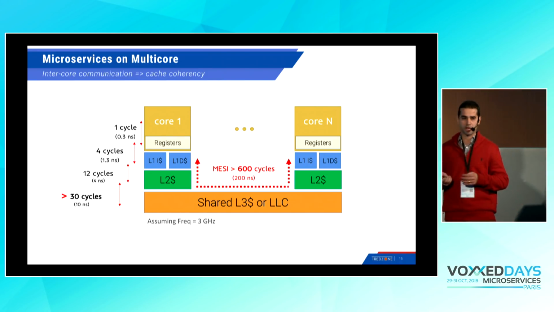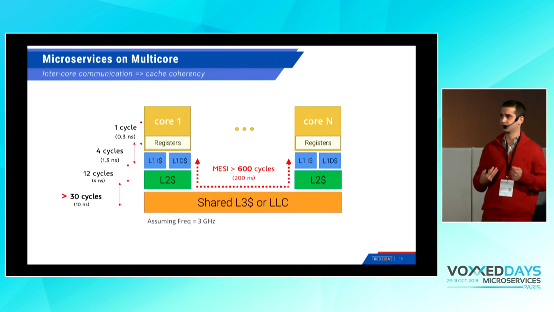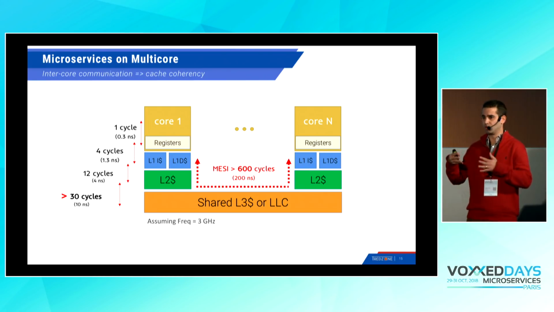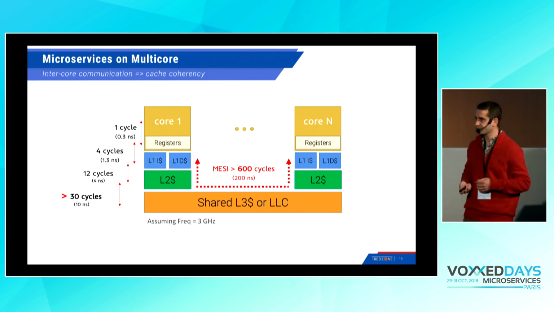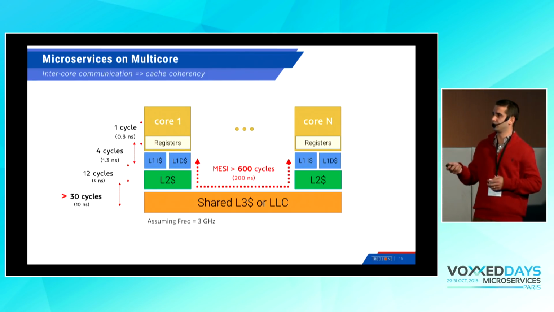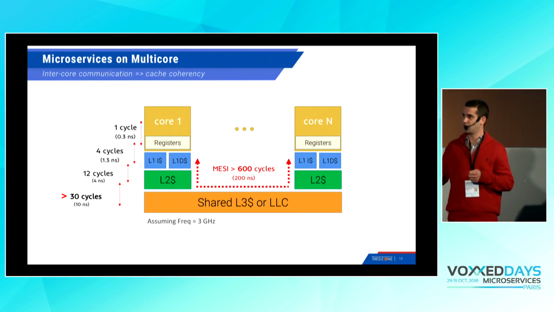The private cache gives us the most deterministic performance because we don't have contention on this memory. If a core wants to access data, it will access it in its registers in the same CPU cycle. Let's say it's 3 gigahertz, so it's 0.3 nanosecond.